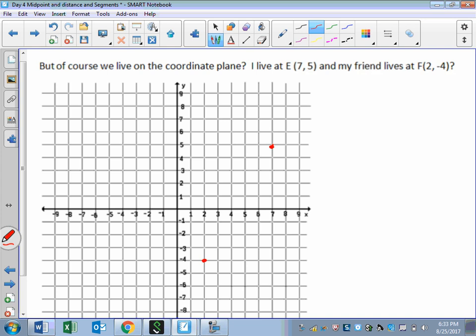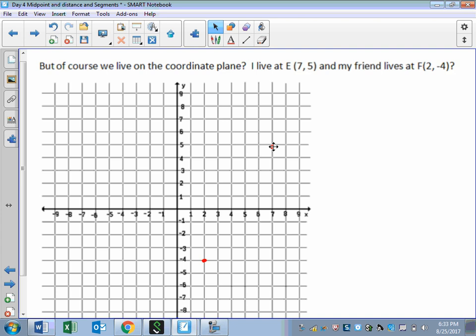So again, just like in part 1 of this video, you kind of can't count in the diagonal direction. But one thing I want to point out to you is that the distance between those 2 points, and we're just talking about the distance, right?